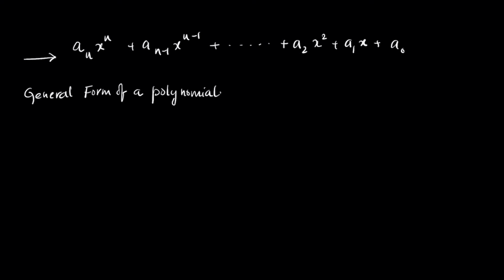So in this we want to know what each part is. Let's take just one part of the polynomial, a_n x^n. So a_n here represents the leading coefficient.